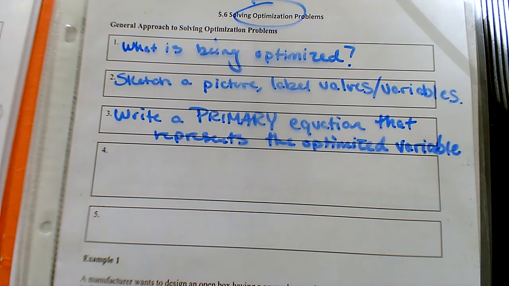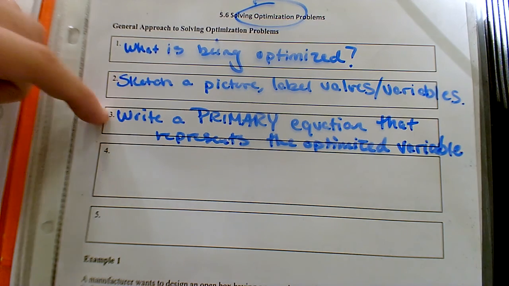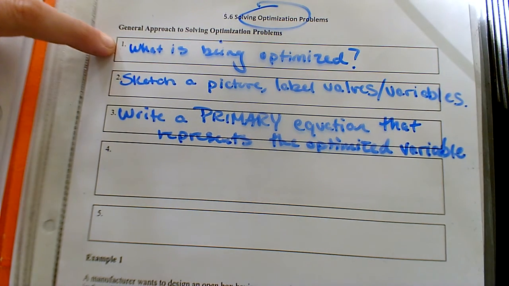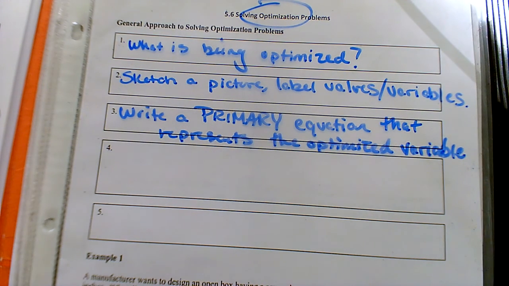Sometimes, though, it can get a little tricky because the equation that represents the optimized variable might have more than one variable within it. You know how volume is length times width times height? Okay, you have multiple variables.